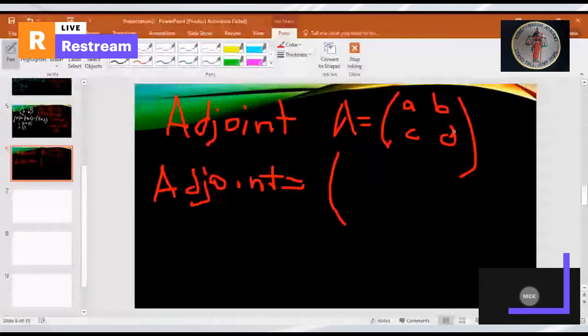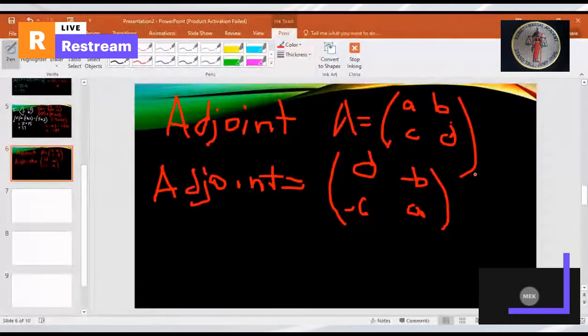And we're going to change the sign of B and C. So B becomes negative, C becomes negative. Or if they were already negative, they would now become positive.